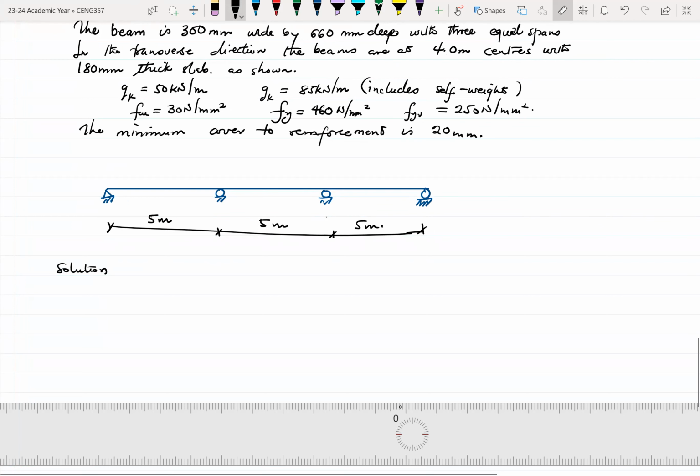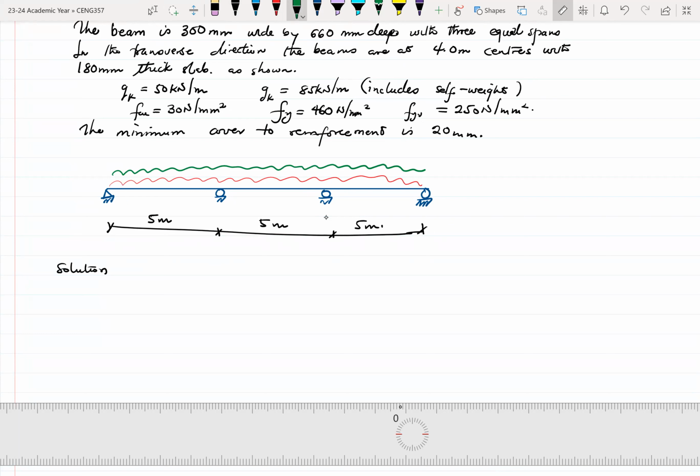Okay. So there are UDLs on this system. So two main UDLs. Let me just show that with a different color. So the first one, your QK is 50 kilonewtons per meter, and your GK is 85 kilonewtons per meter.